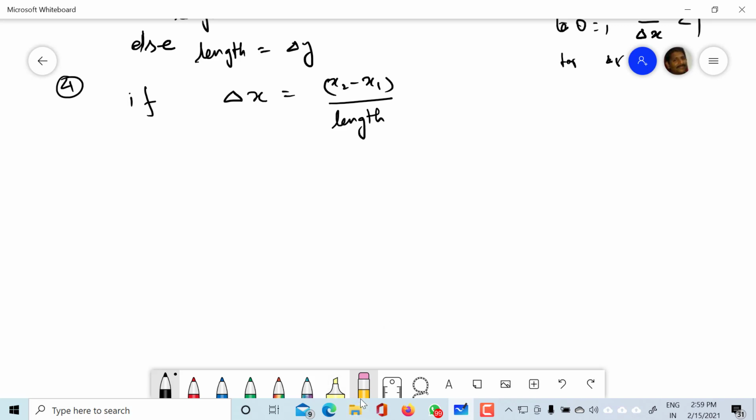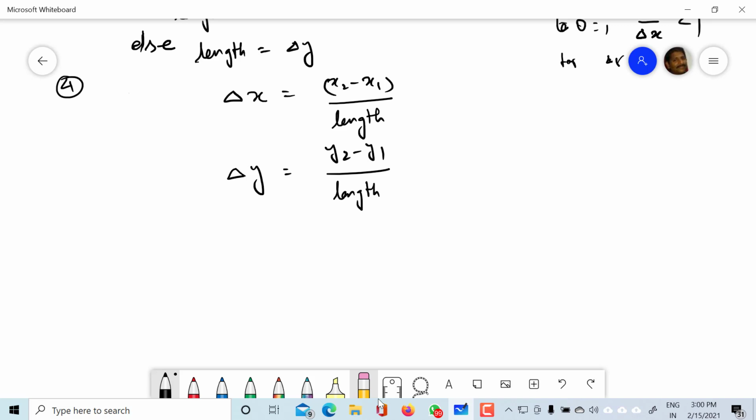The if part is done. We have to calculate these two things first. That means we are applying the formula here. Delta y equal to y2 minus y1 upon length.